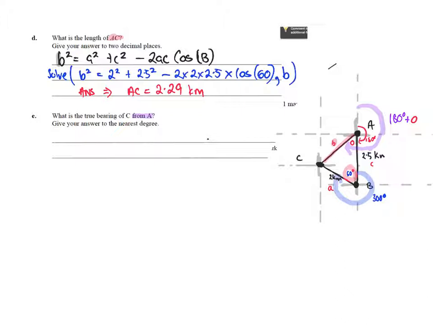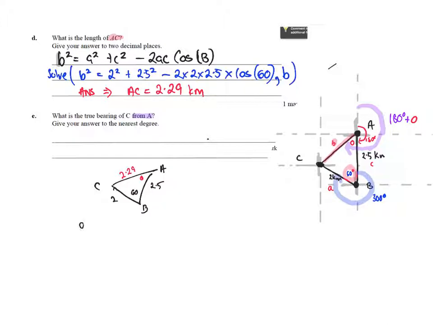So how am I going to find the circle? If I think about it, I've just got this triangle, simplifying it. Okay, I want this angle in here, and I've found this other side now, I've got 2.29, so I'm going to use the sine rule.